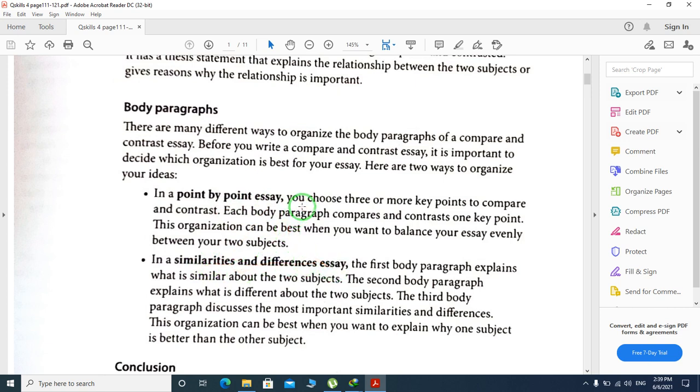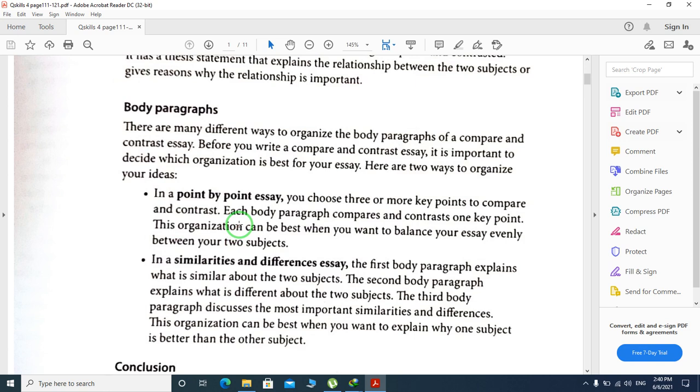When you are writing a point by point essay, you choose three or as many points as you would like to, and each body paragraph compares and contrasts one key point. Let's say we are comparing Herat with Kabul. In each paragraph we have to discuss one particular thing.